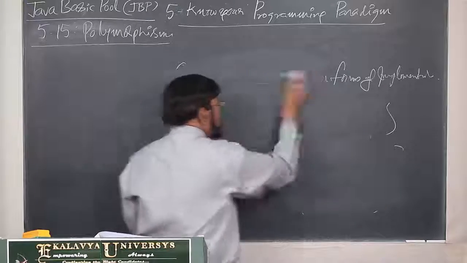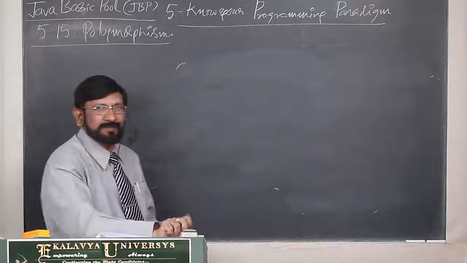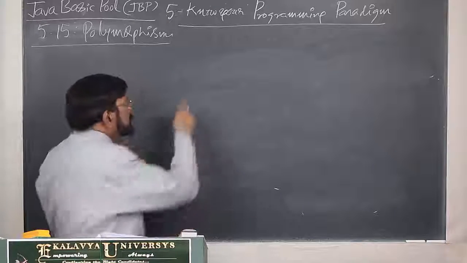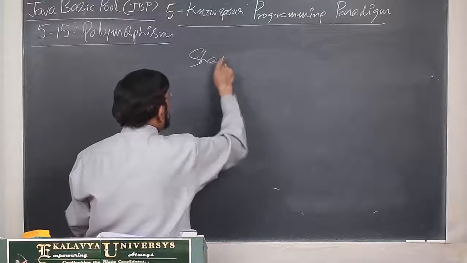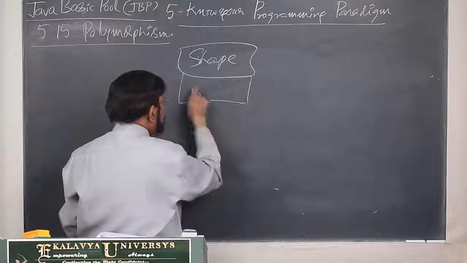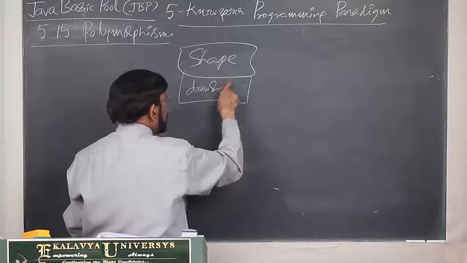And in object orientation, I will explain an advanced polymorphic feature also. Actually, this is related to inheritance. Suppose there is one class, Shape. It has a method, a function called draw shape.